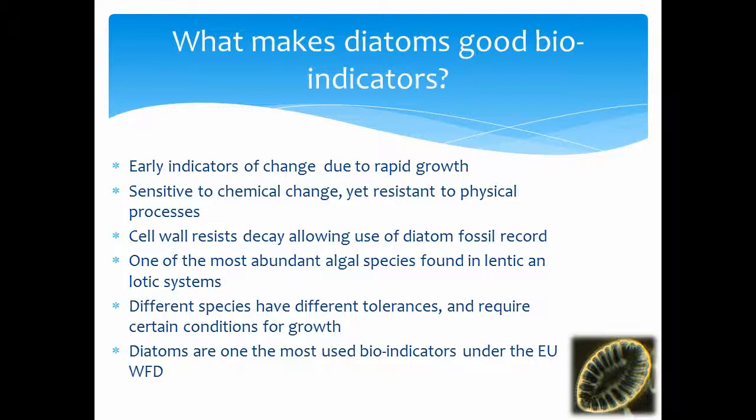Diatom is also one of the most abundant algal species found in lentic and lotic systems, and this abundance has created different tolerances. So for example, in colder waters, you'd expect to find more Navicula lanceolata, and Cocconeis placentula, they're more of a pioneer species, so able to take a foothold on most substrates resisting grazing.